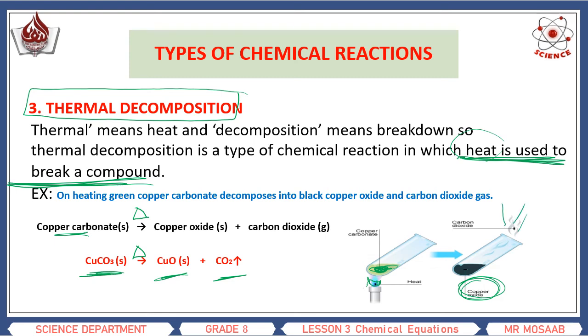So what is the meaning of thermal decomposition? Thermal decomposition means heat is used to break a compound. For example, on heating, green copper carbonate decomposes into copper oxide, which is black, and carbon dioxide gas. Of course, by using heat. So this triangle is very important, which means heat.